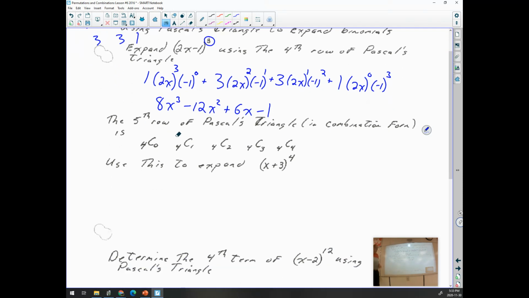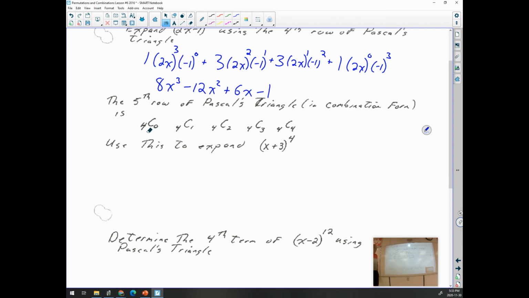Now, here, we could do the same thing with Pascal's triangle in terms of the combination form of it. The 5th row of Pascal's triangle is given here. We know we're going to be using the fifth row of Pascal's triangle because our expansion is to the power of 4. So our first term will be 4 choose 0, x to the 4, 3 to the 0.